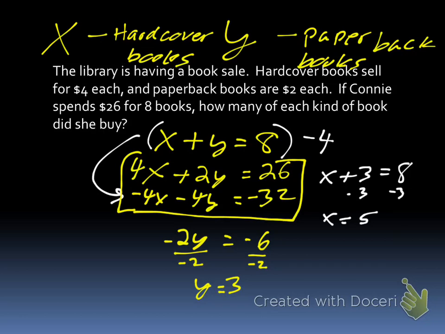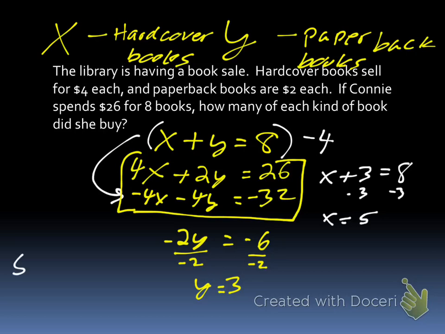Okay. Now, since they are word problems, here's what I expect from you guys. I don't necessarily want to see them in an ordered pair. I want to see you write out the answer. Okay, so if the question is how many of each kind of book did she buy?